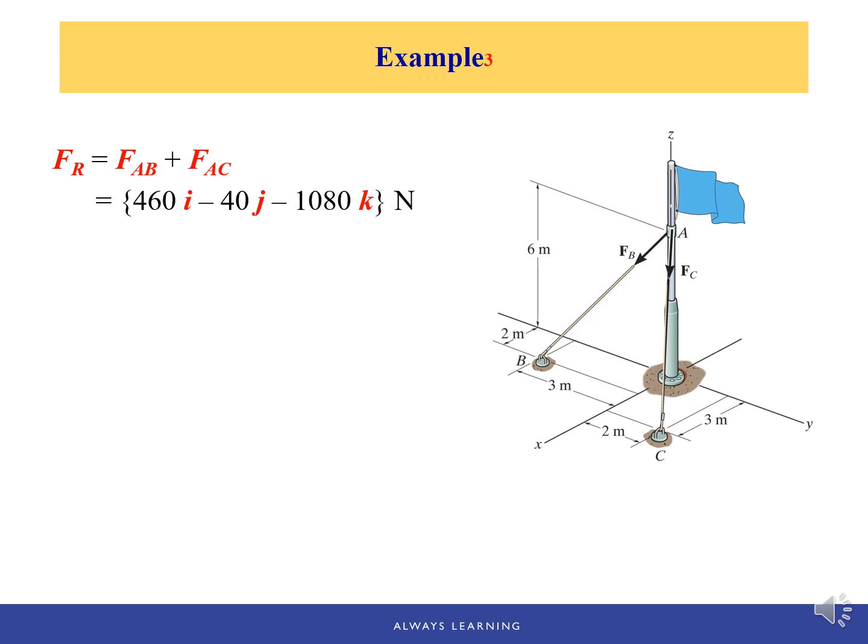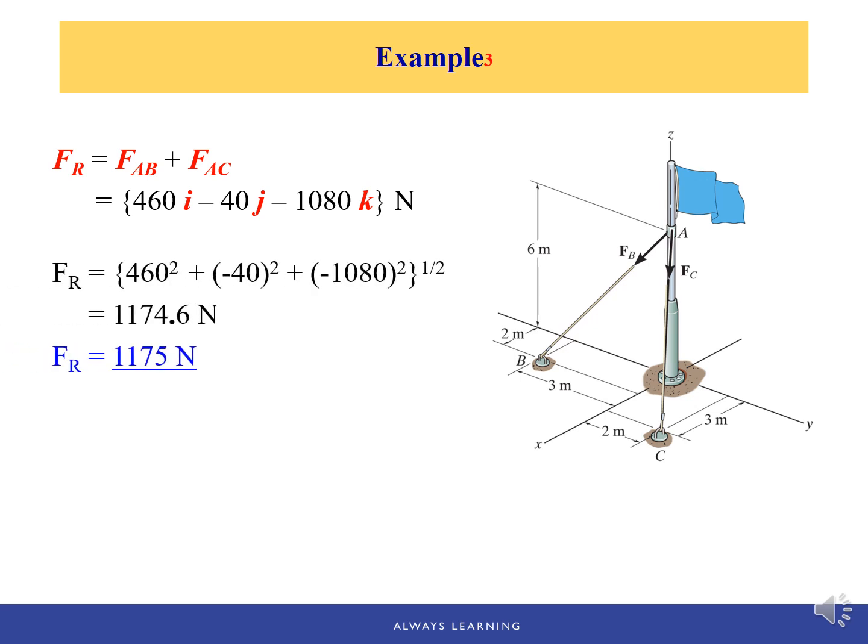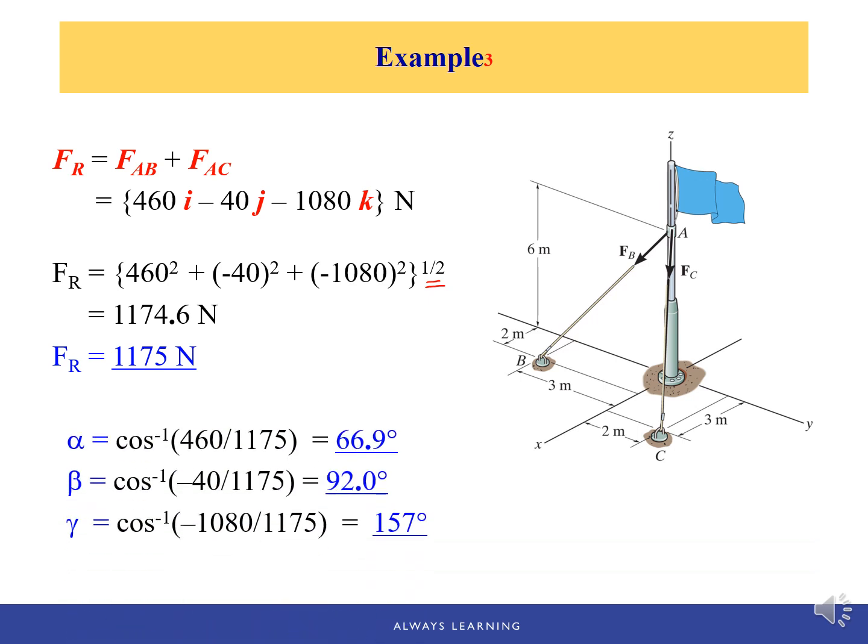The reason we do this is because we need to find the magnitude of the vector and also the direction cosines of this vector. So the magnitude will be the square root of the sum of the squares. And direction cosines will be the ratio, or we are looking for direction angles, right? Direction cosines will be the magnitude of the x component divided by the magnitude of the force.